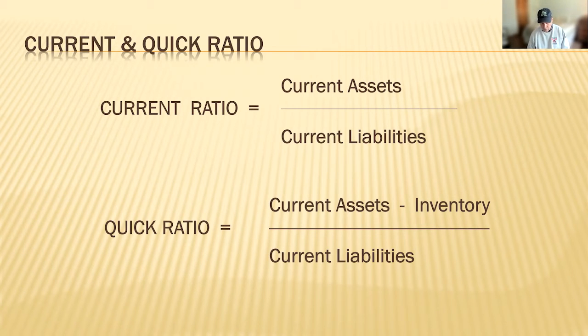So in the quick ratio, in that example, let's say we had 100,000 in assets and let's say 25,000 in inventory. So giving us a calculation then of 75,000 in the numerator versus the current liabilities of 80,000 would be something less than one, because the calculation would be 75 divided by 80.